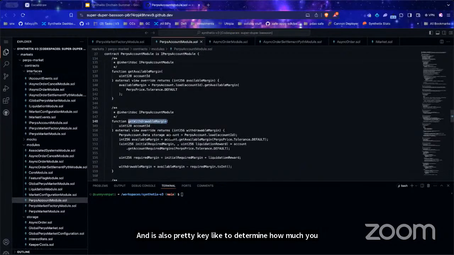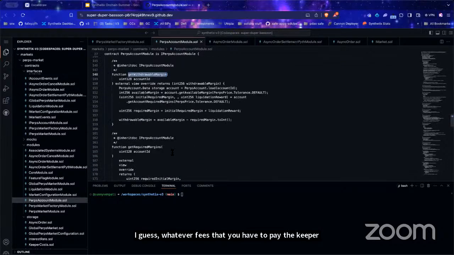It will not allow you to withdraw up to whatever your total collateral value is, subtracting out any potential profits or losses that you're incurring, and also any fees you might have to pay out in case your trade gets liquidated, or whatever fees you have to pay the keeper for settling future trades.